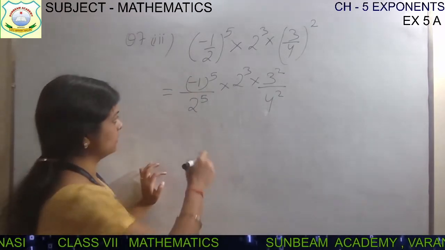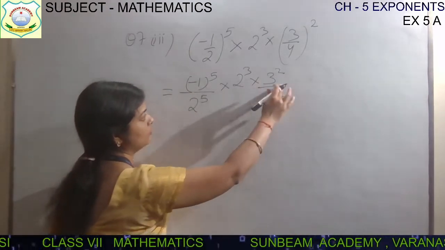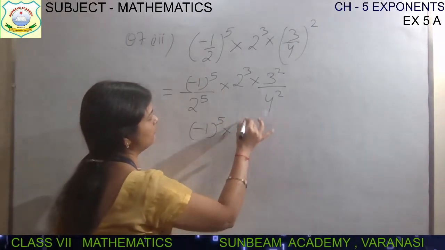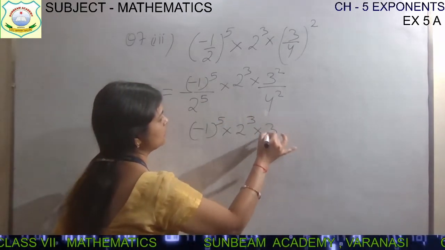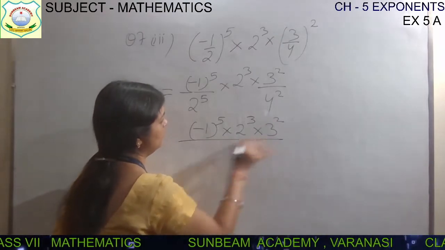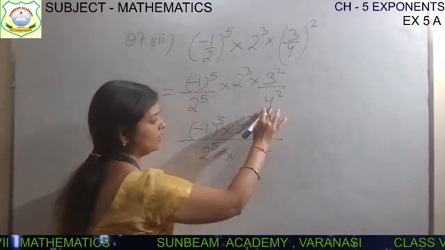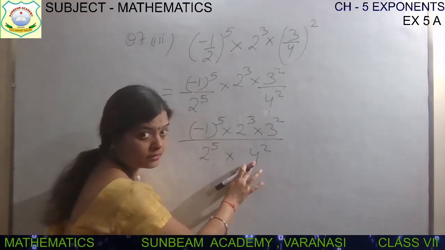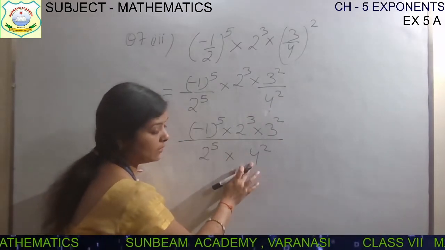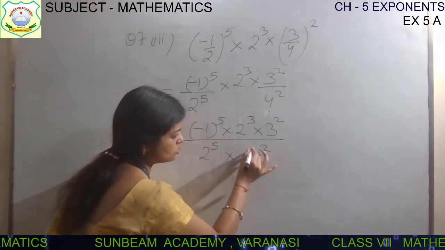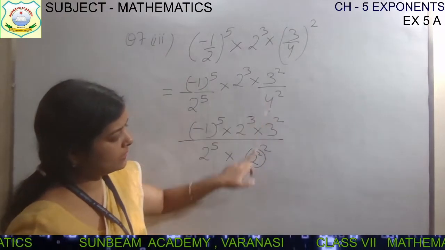You will multiply the numerator with numerator: minus 1 to the power 5 into 2 to the power 3 into 3 squared divided by 2 to the power 5 into now 4 squared. So 4 can be written as 2 squared. In place of 4 we have written 2 squared.